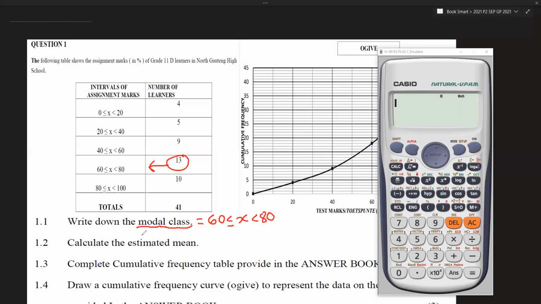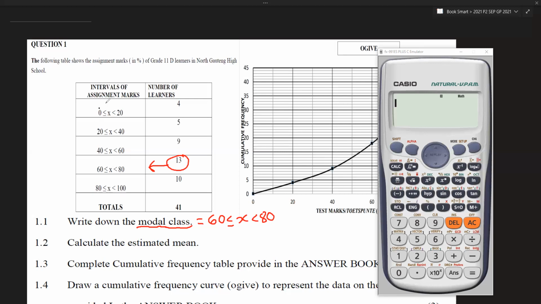Then they want us to calculate the estimated mean. There are two ways to calculate it, and I'll show you both. The first way is to find the midpoints of the intervals.